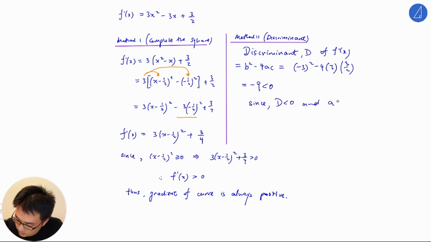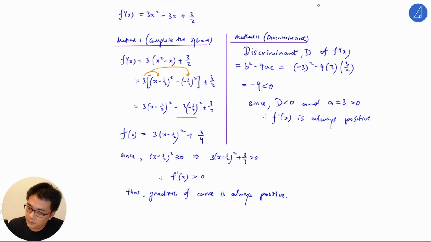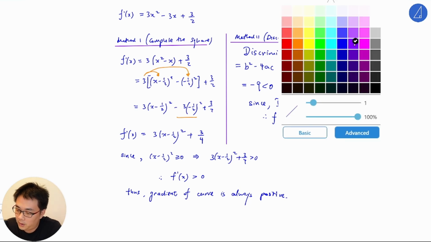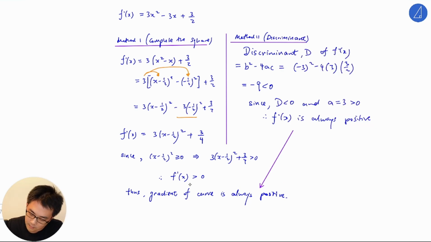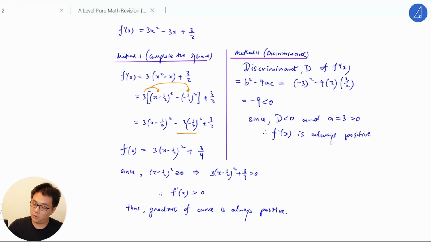And a is equals to 3, positive. Hence f prime x is always positive. Yeah, can also. So either way, I think both will work. Okay. Conclude lah.